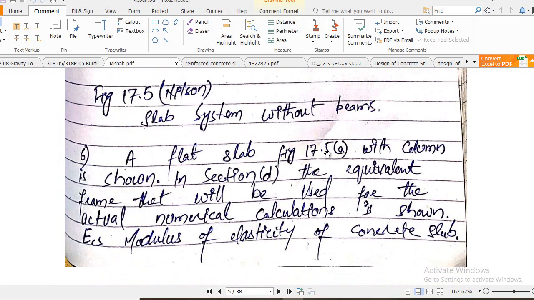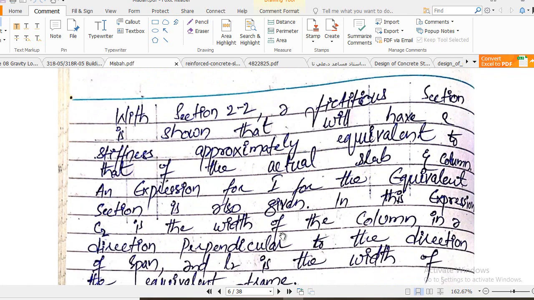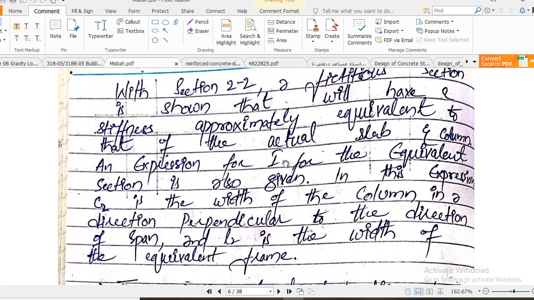a flat slab figure is shown with the column, shown in section D. The equivalent frame that will be used for the actual numerical calculation is shown. Ecs is the modulus of elasticity of the slab. Okay, and with section 2, a fictitious section is shown, approximately. So this is just a theoretical portion. An expression for I for the equivalent section is also given.